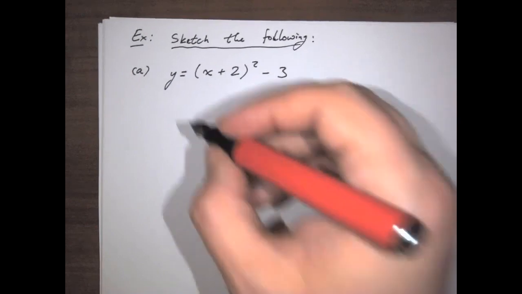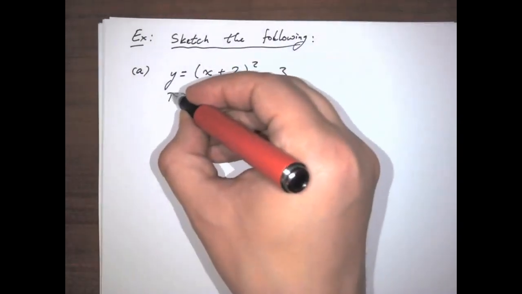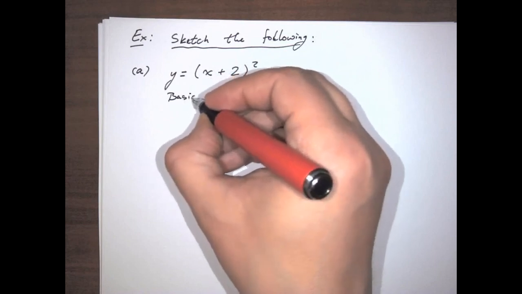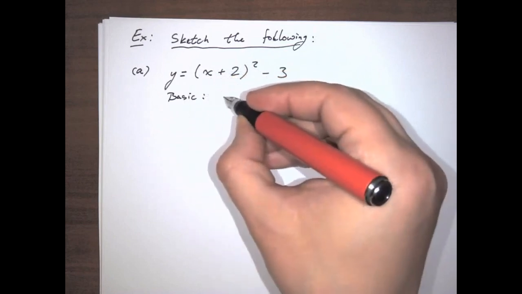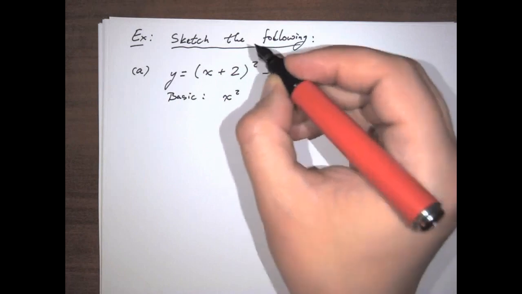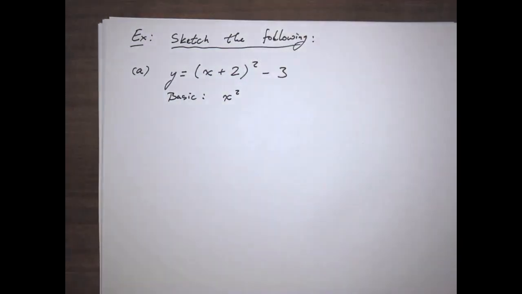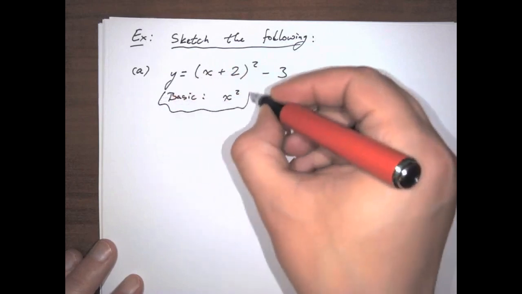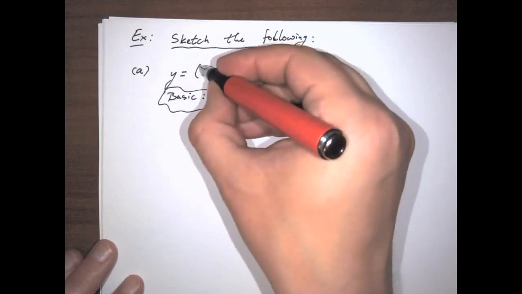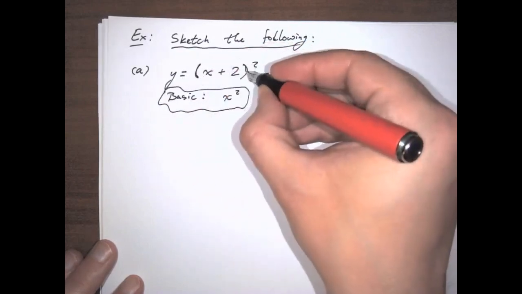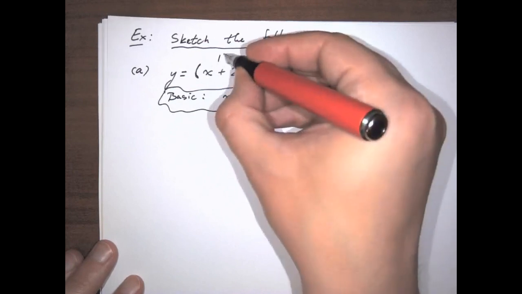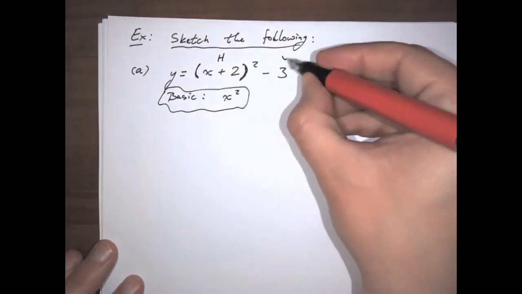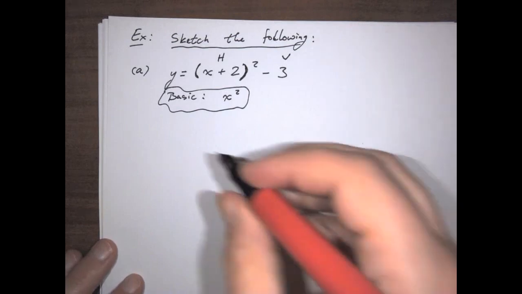So the toolkit function that we're talking about here, the basic graph, is going to be just x squared, just the quadratic. So then, thinking about that, everything that is inside the square, this is all going to be horizontal, and this is all going to be vertical.